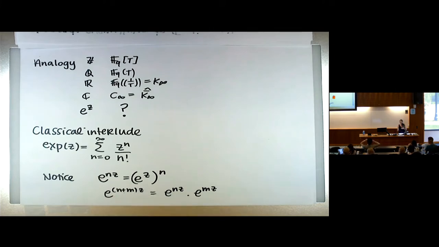I've said this before, and hopefully you've thought about this before. On this side, I'm thinking of the additive group, and on this side, I'm thinking of the multiplicative group. You can think of exponentiation as going between G_a and G_m, the additive group and the multiplicative group of your field.